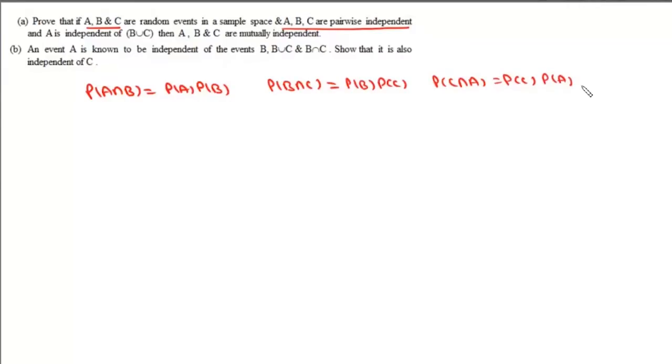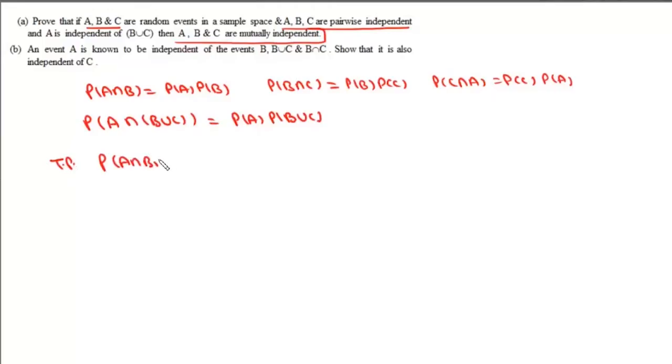And A is independent of B union C. We are given that P(A intersection of B union C) is probability of A into probability of B union C. Now we need to prove that A, B and C are mutually independent. That means we need to prove that probability of A intersection B intersection C is P(A) into P(B) into P(C).